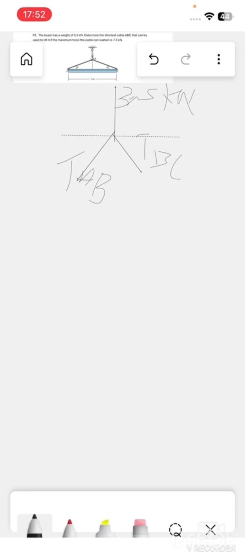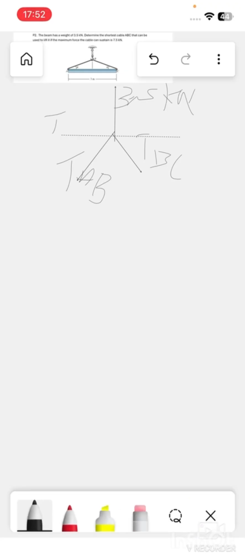I'm going to name this one T cos theta. Which theta? Theta is here. Even here is theta, because of symmetry.